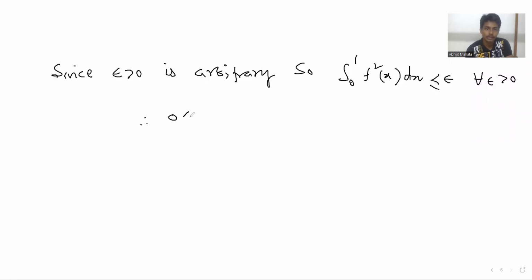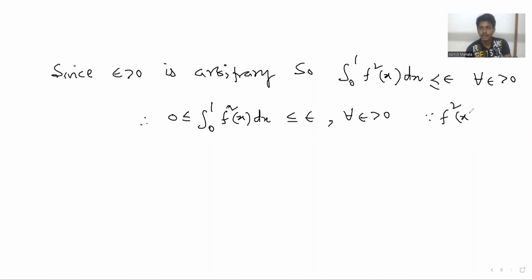We are getting that 0 is less than or equal to the integration from 0 to 1 of f square x dx, which is less than or equal to epsilon for all epsilon greater than 0. Why is this greater than or equal to 0? Because f square x is greater than or equal to 0, so the integration is greater than or equal to 0.